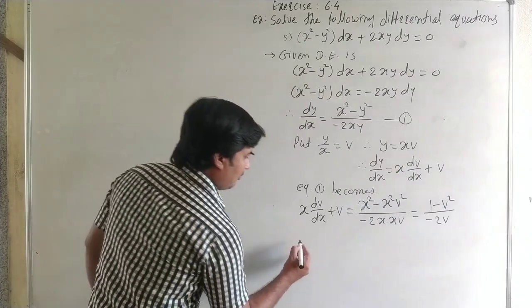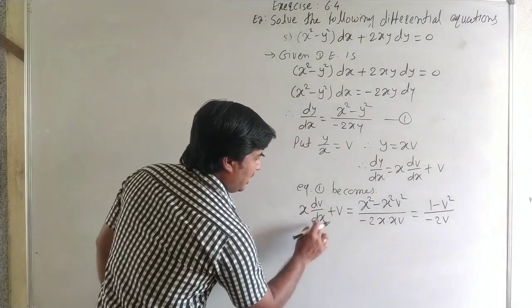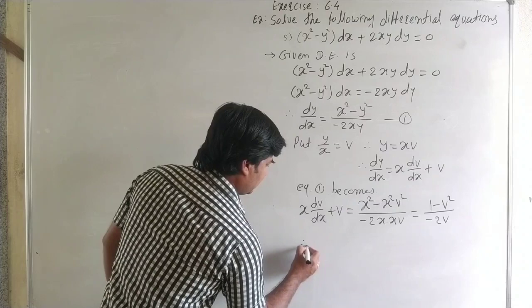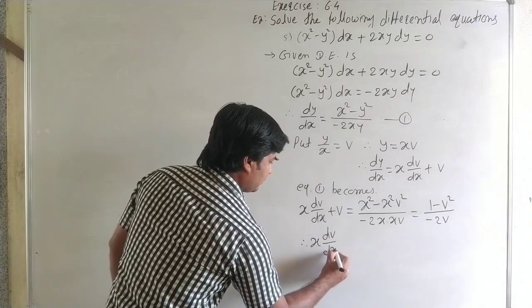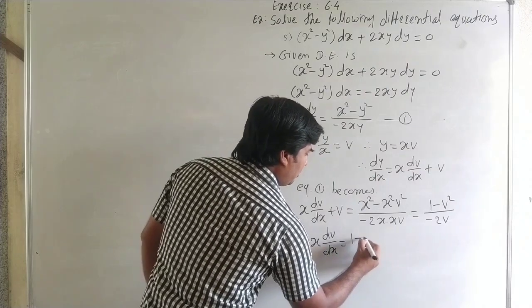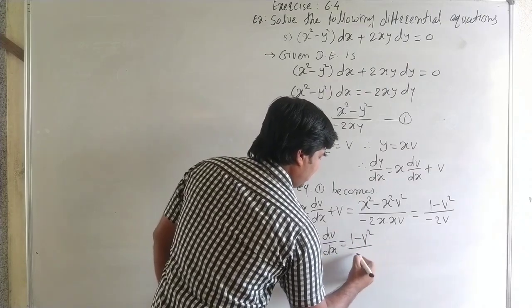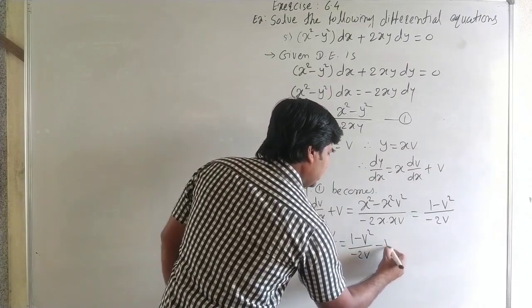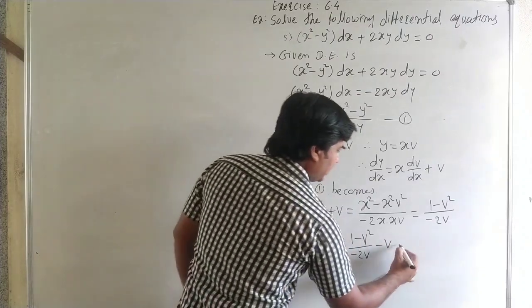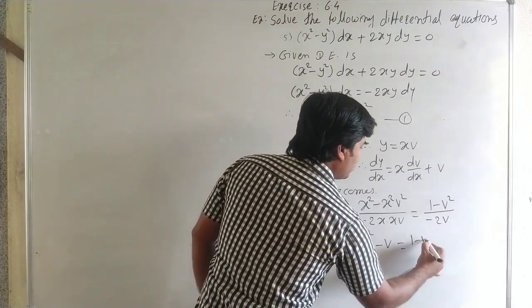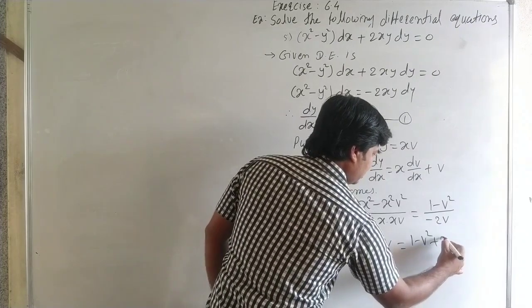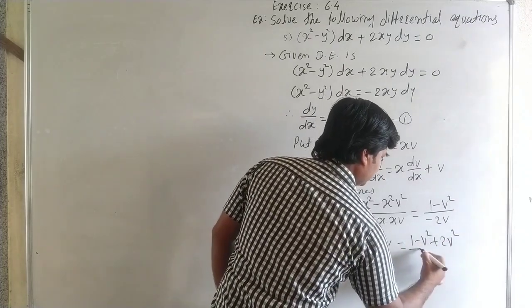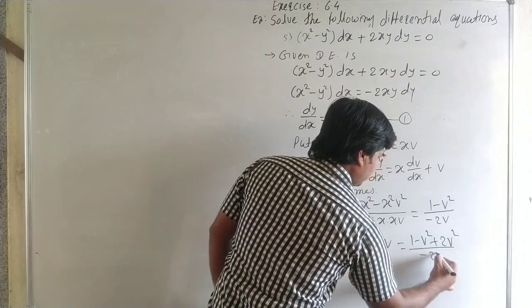Now it is x dv by dx plus v. Therefore you can write x into dv by dx is equal to 1 minus v square upon minus 2v minus v. Then take the calculation. 1 minus v square plus 2v square upon minus 2v.